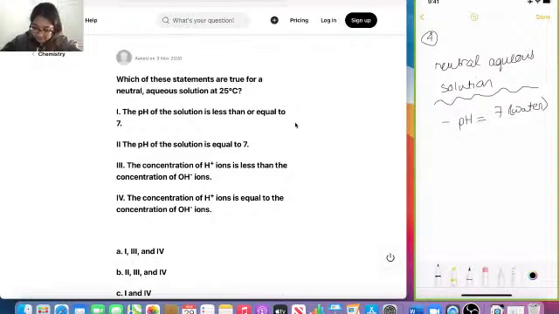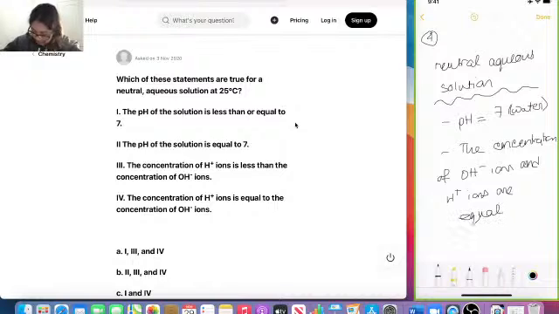When your pH is 7, that's neutral, which means the concentration of your OH negative ions and H plus ions are equal.